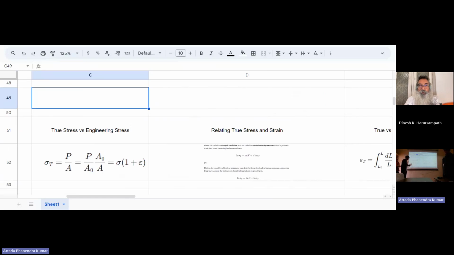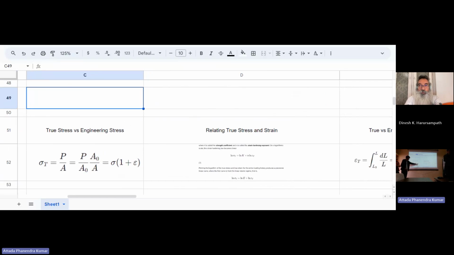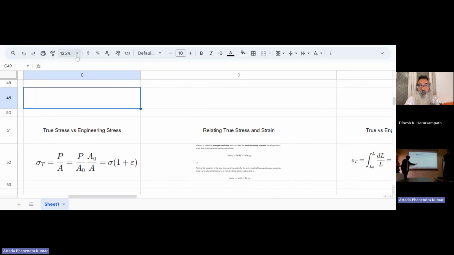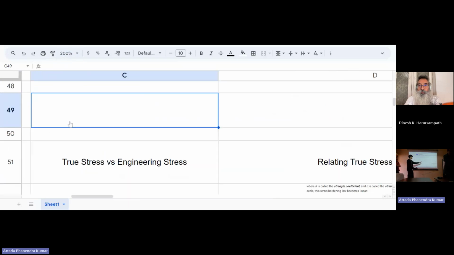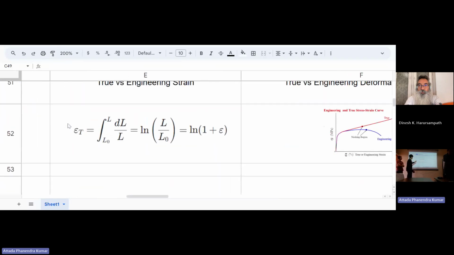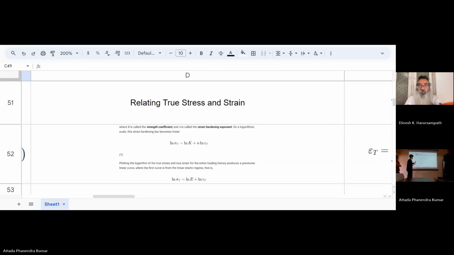Here we have true stress related to engineering using this equation, where it's 1 plus strain, and then we can also relate true stress and strain, right? When we use K here, which is a strength coefficient, and this is using the logarithm.